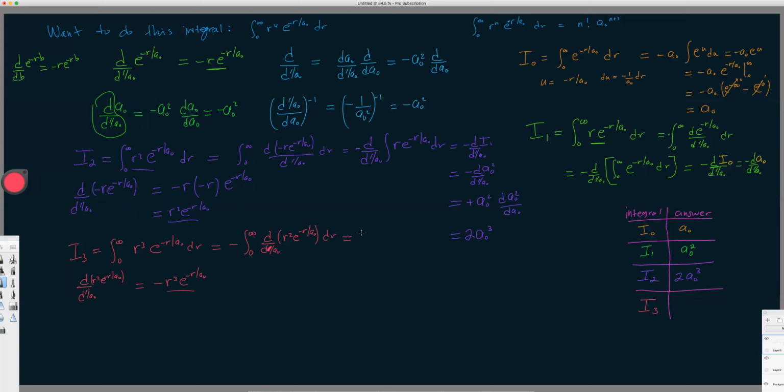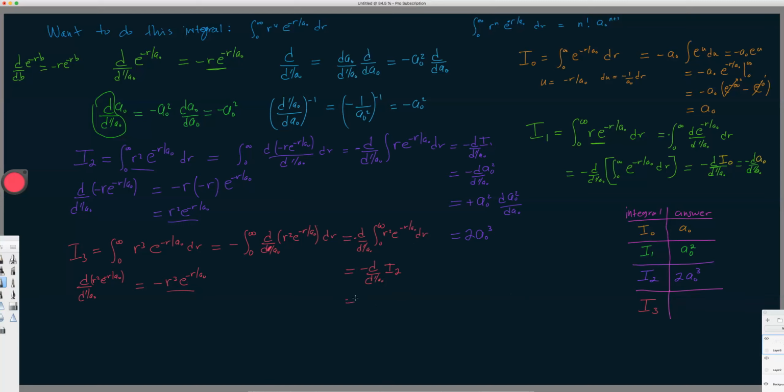So we get minus d 1 over a naught, and then the integral 0 to infinity r squared e to the minus r over a naught dr. And so we know that this is I2. So minus d 1 over a naught of I2.